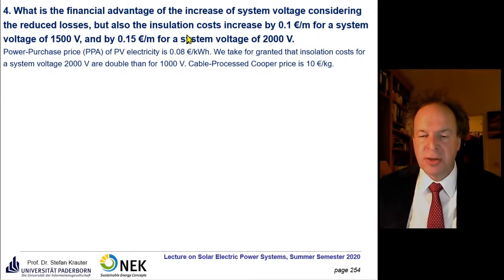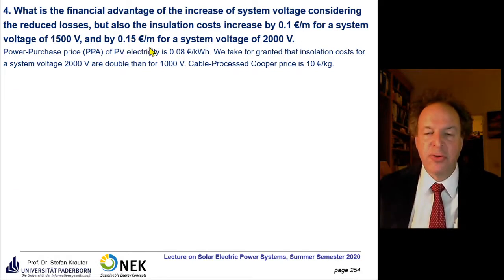If we consider additional insulation costs, for example, if we increase the voltage from 1000 volts to 1500 volts, we have to spend 0.1 euro per meter more. And if we go even to 2000 volts, we have to spend 0.15 euros more per meter for that cable. The copper diameter stays the same, so the copper cost is the same for all the voltages.